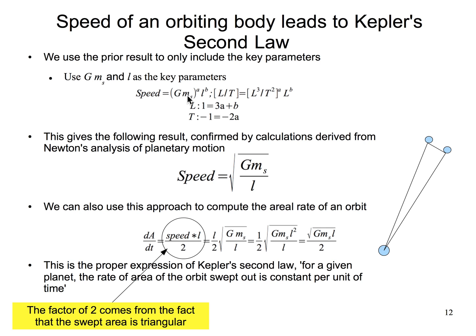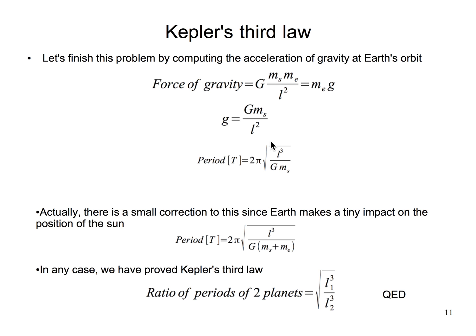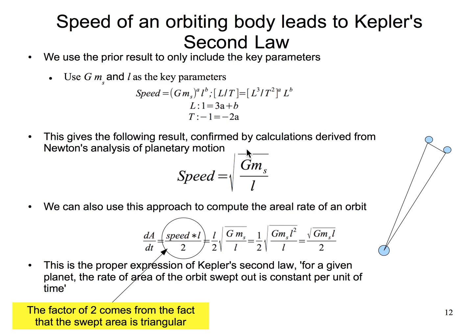This choice comes from this kind of thing: we see the period depends on the square root of the cube of the orbit, divided by this product, and this product is a constant, right? It's Newton's gravitational constant times the mass of the sun. So we'll use that here, raise that to the a power, and the size of the orbit to the b power.